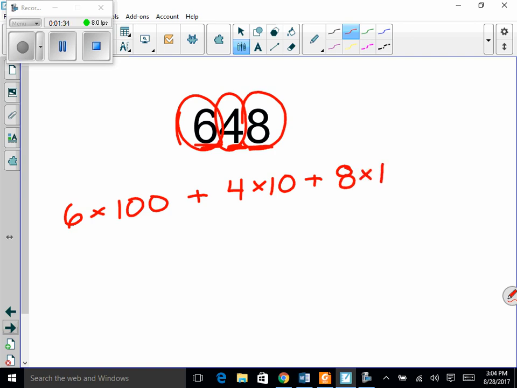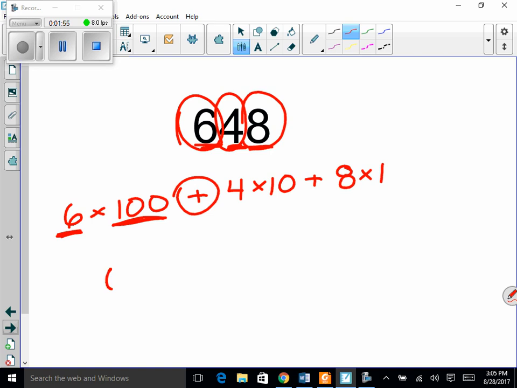That'd be 8 times 1, so it shows all the place values. If you look on the left, you have the amount or the number that's in that place value. The number on the right is the actual value of the place value, and you put an addition sign in between them all.